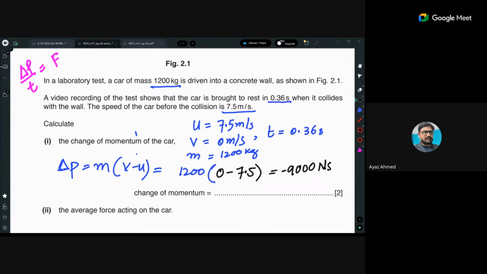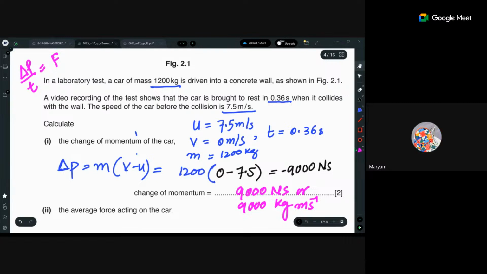Newton second. You can use another unit, kg meter per second also. That's why he has not given the option of unit: 9,000 Newton second or 9,000 kg meter per second. Okay?